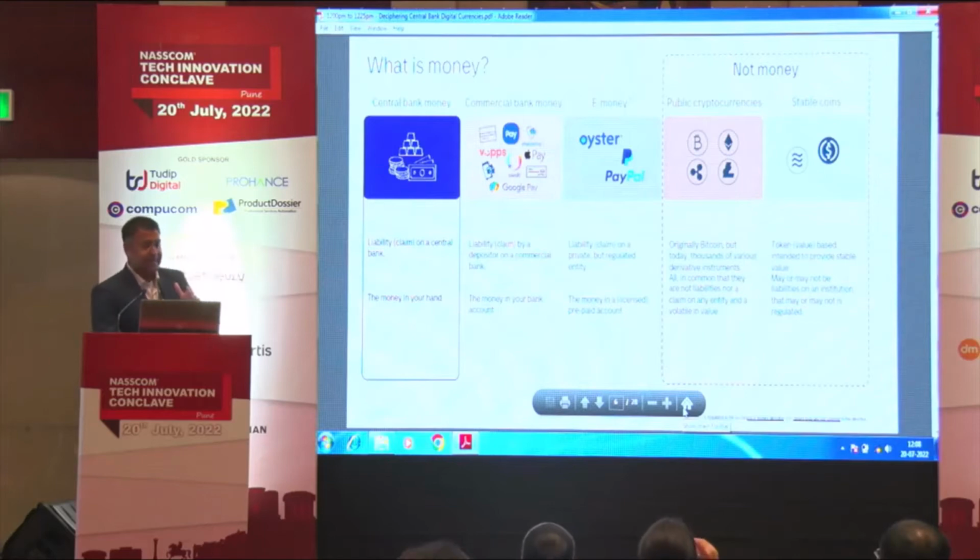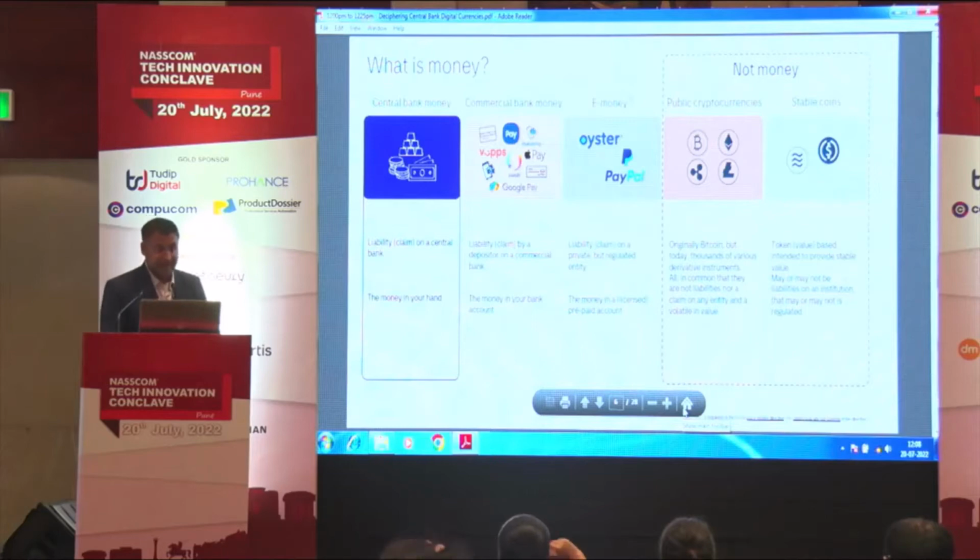The second type is money from the commercial banks, the money you have in your account. And then we also have e-money, like your Paytm, your Airtel Money, the Oyster in the UK, PayPal in the US, and so on. What is not money is something very important for us to understand, and that's exactly what we're going to talk about: digital currencies supported by central banks.